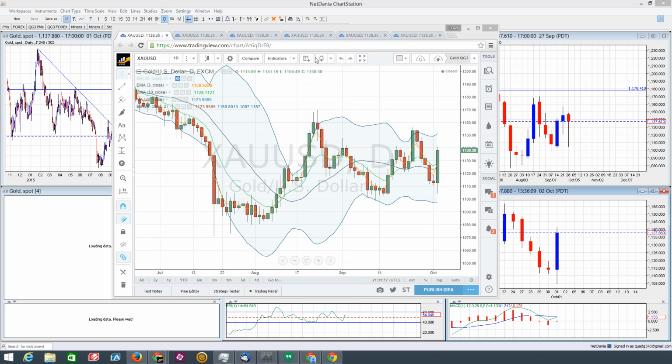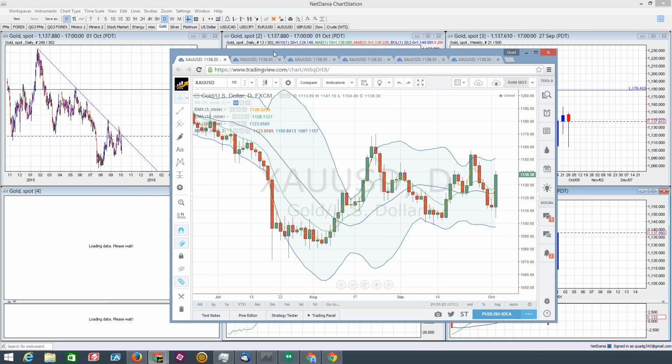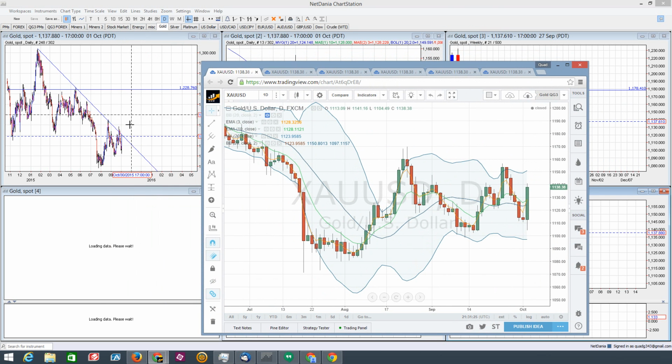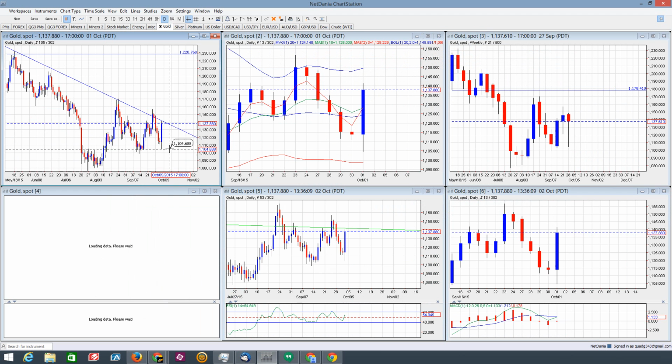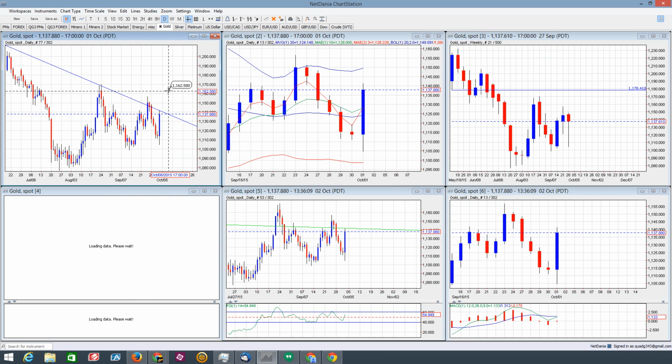I'm starting off this series with the TradingView charts because I don't know if you've noticed, but some of the data for the Nadania charts has been very spotty, sporadic, not coming in like it should, and has been giving me some pretty odd behavior now and again.